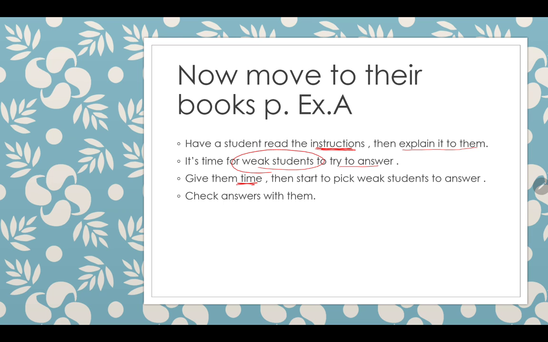Then start to pick: exercise 1 will be done by certain students, and for exercise 2 you pick students that you know are weak, or still have some doubts. So start to pick these students to answer the exercise and check their answers with them.